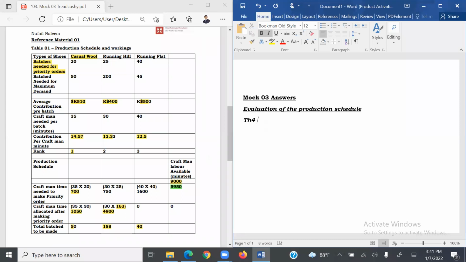So the product ranges of casual wool, running hill, and running flat have been mentioned in the table.